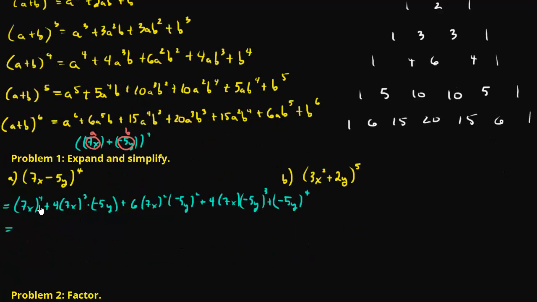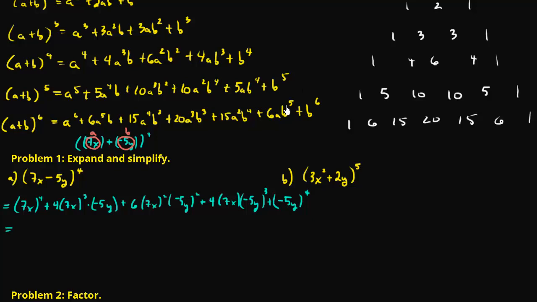Notice that we have 7x to the power of 4, 7x to the power of 3, 7x to the power of 2, 7x to the power of 1, and then the last term would have a factor of 7x to the power of 0, which is just 1.